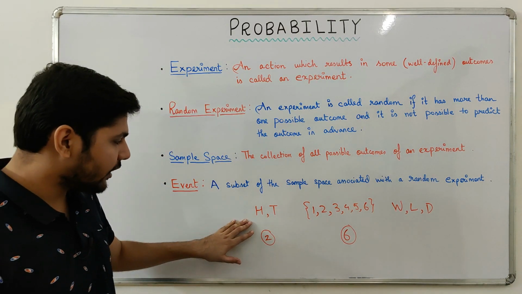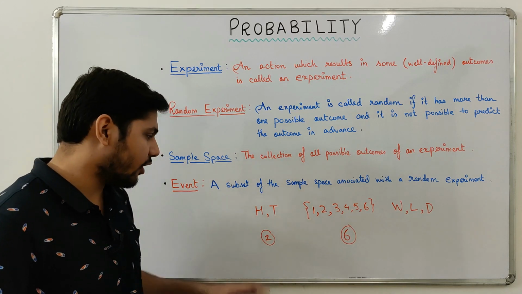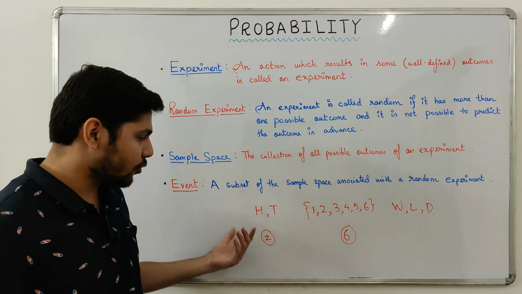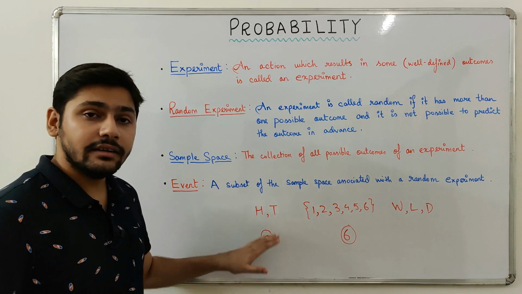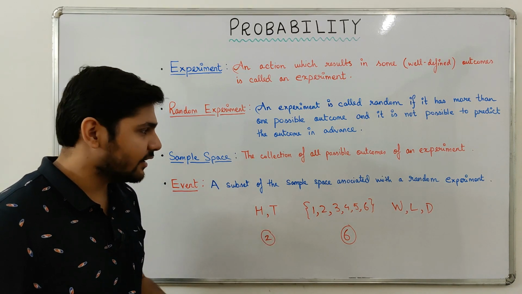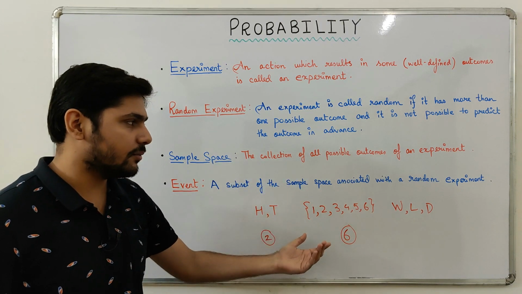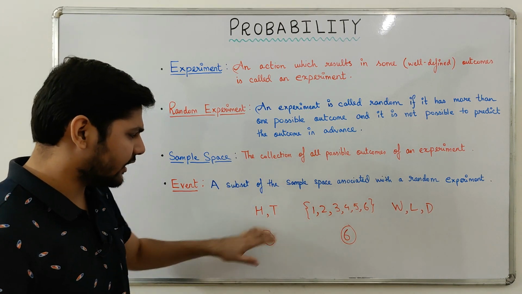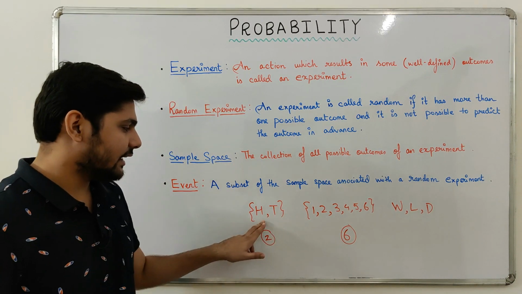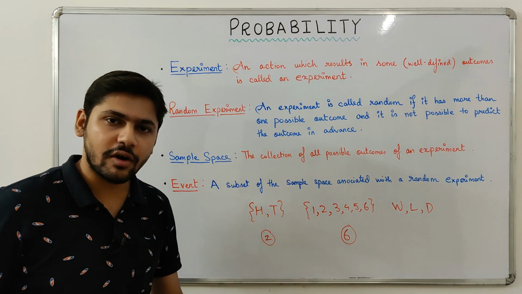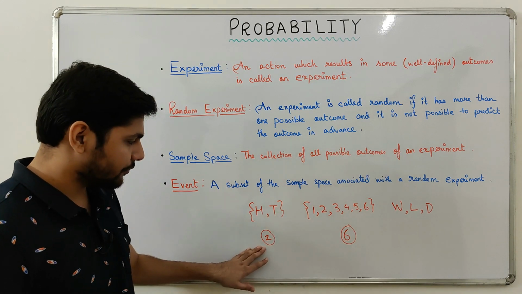Similarly, for tossing of a coin, we have 2 possible outcomes, head and tail. So in the experiment of tossing of a coin, the collection of all possible outcomes is heads or tails. So the sample space is head and tail, and the number of outcomes is 2.